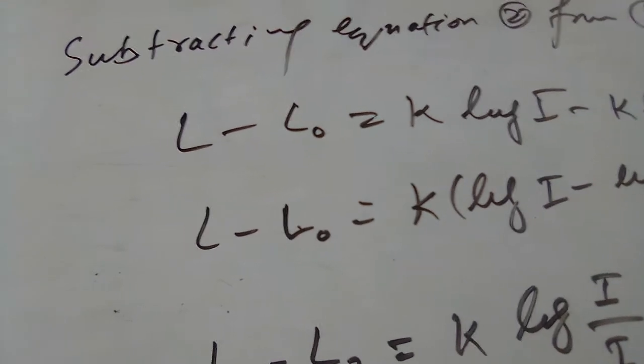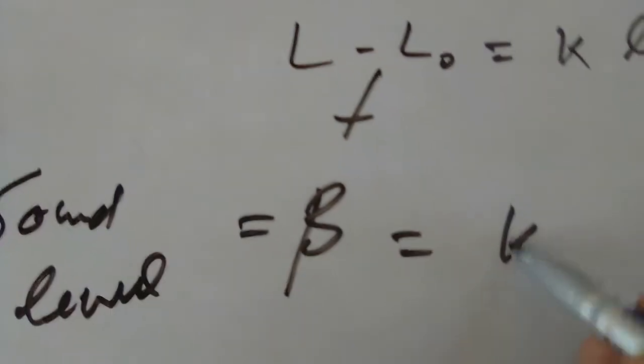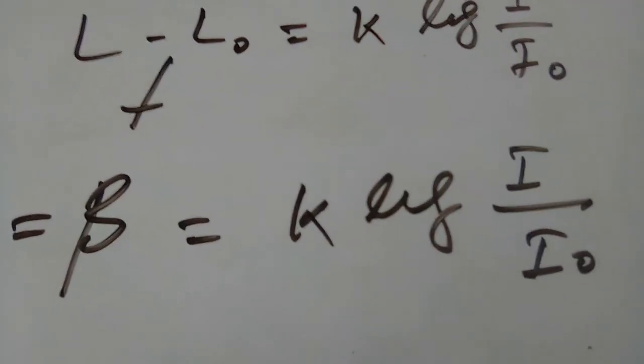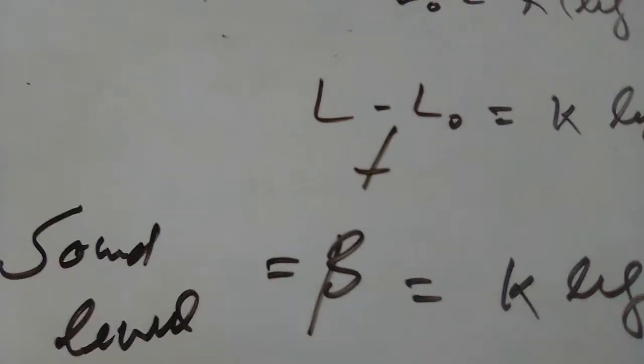The difference between the loudness of these two sounds, L minus L naught, is the sound level of the unknown sound and is denoted by beta. So the sound intensity level beta is equal to K log of I divided by I naught.